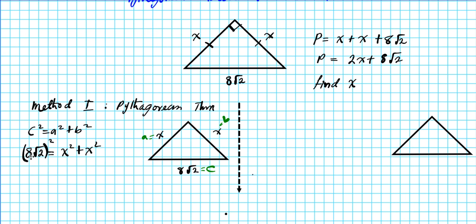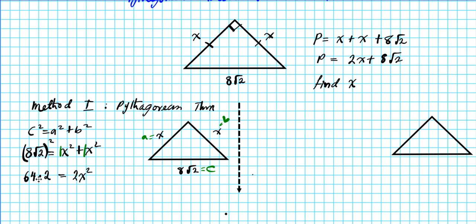We're going to raise 8 and root 2 to the second power. If you raise 8 to the second power, you get 64. If you raise root 2 to the second power, you get 2. Alright, x squared plus x squared. Imagine you have a 1x squared here and 1x squared. Combine these two to get 2x squared.